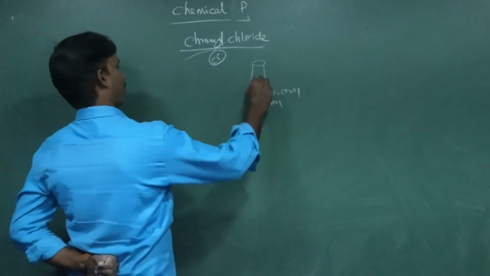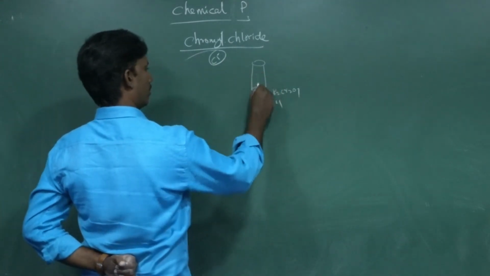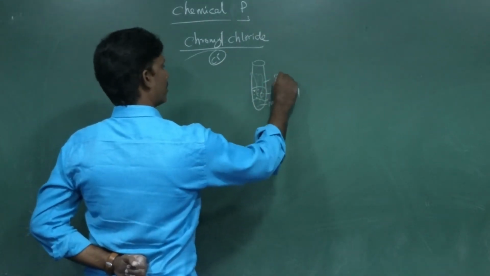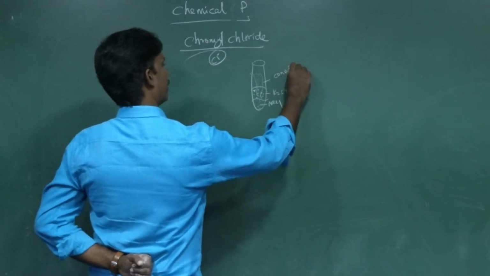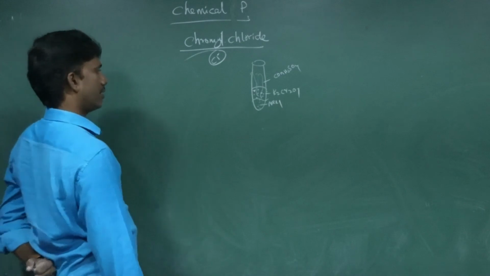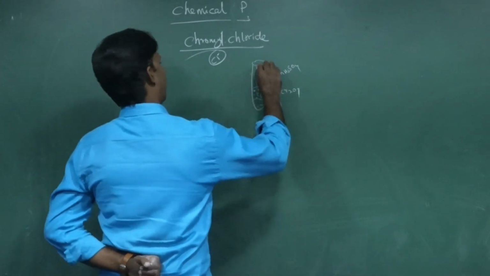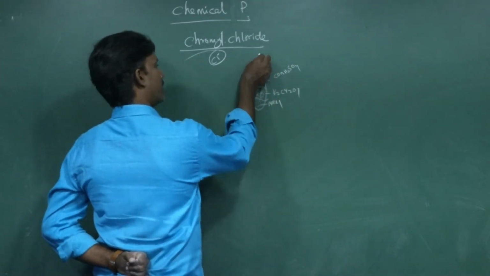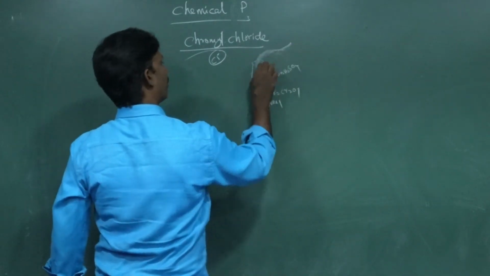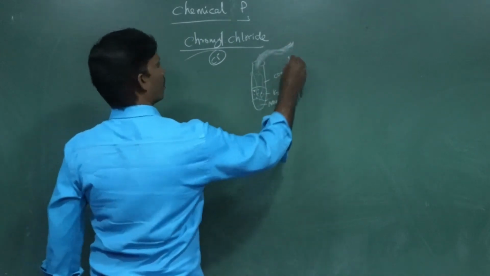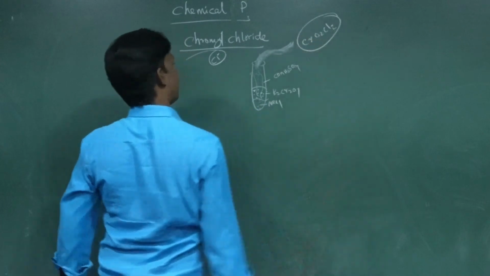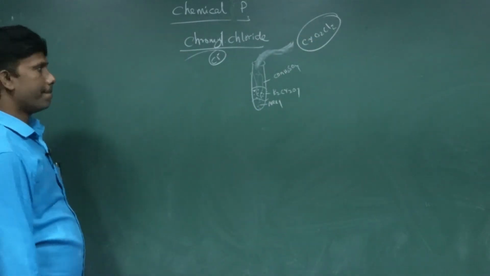Then pour a few drops of concentrated sulfuric acid into the test tube. What happens after pouring the concentrated sulfuric acid? Red-orange fumes, a poisonous gas, will come out. This red-orange gas is chromyl chloride.